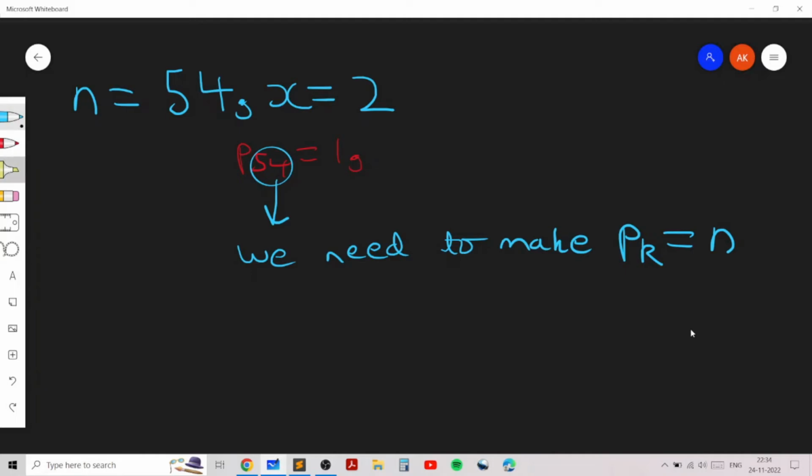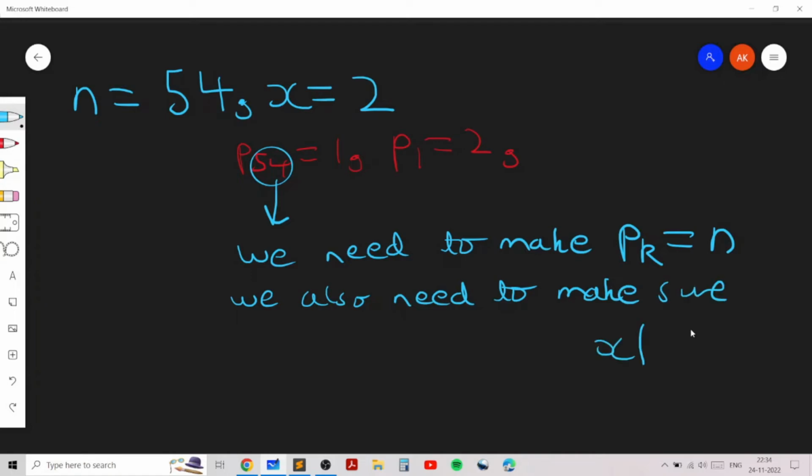And since P of 1 is equal to x, we also need to make sure x divides P of x, and where P of x is not equal to x.